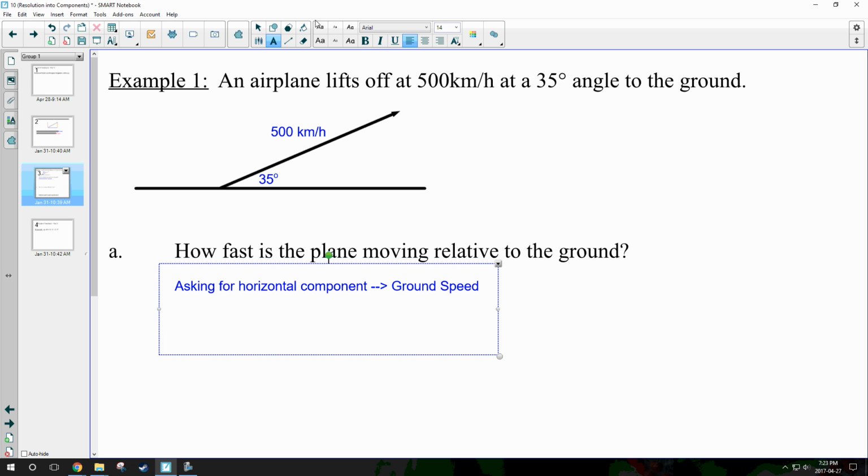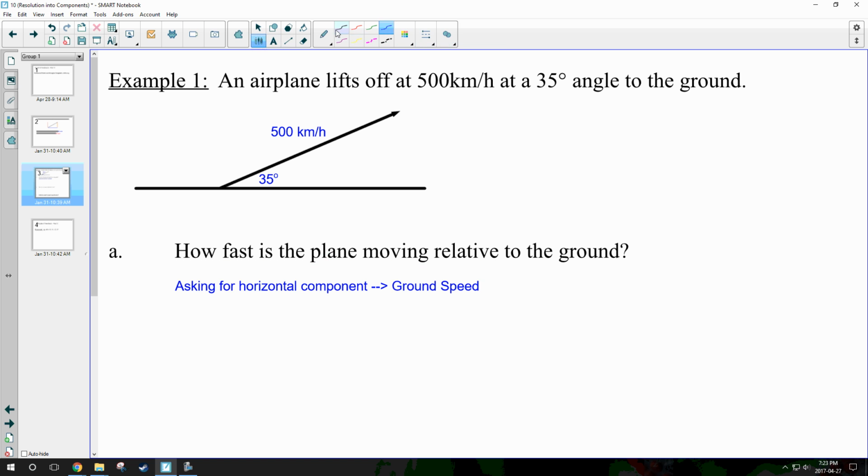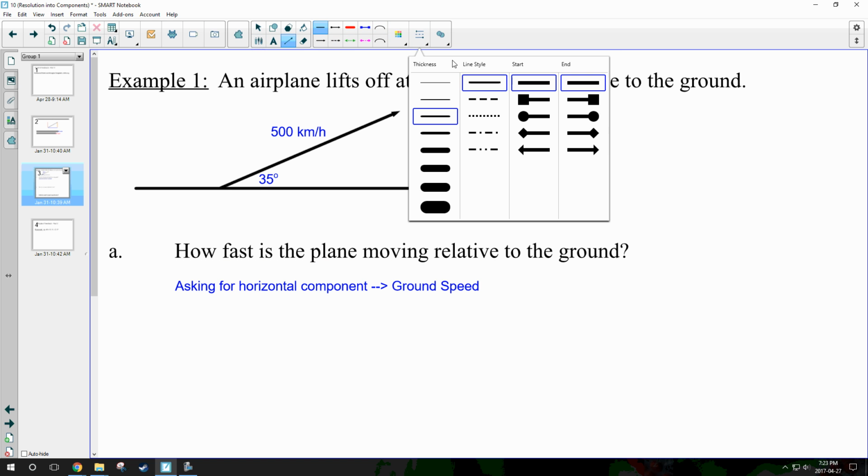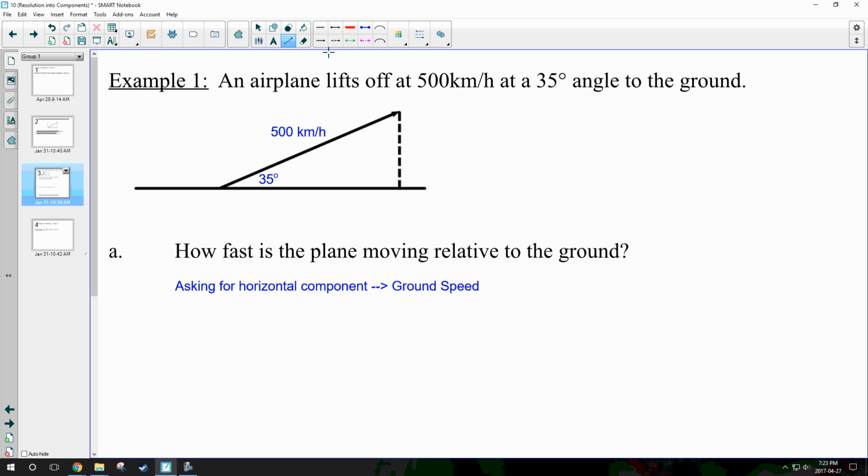So to be able to solve for that, let's draw our line down here to make our triangle. We know that whenever a vertical line meets a horizontal line, in this case the ground, it makes a nice 90-degree angle. So we have a nice right triangle.